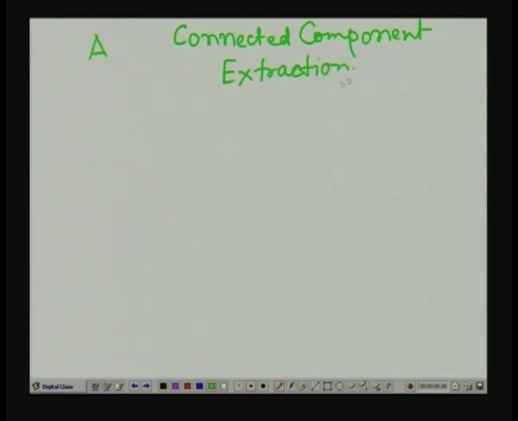Here again we are given a point set, say A, and suppose y is a connected component in set A. So, we will try to extract all the points which belong to y, where y is a connected component.